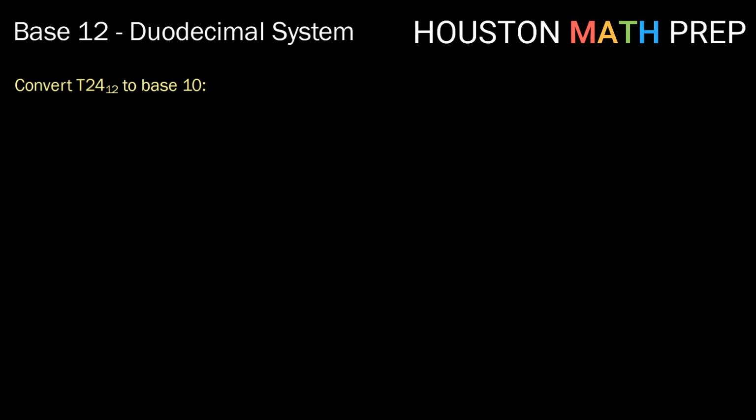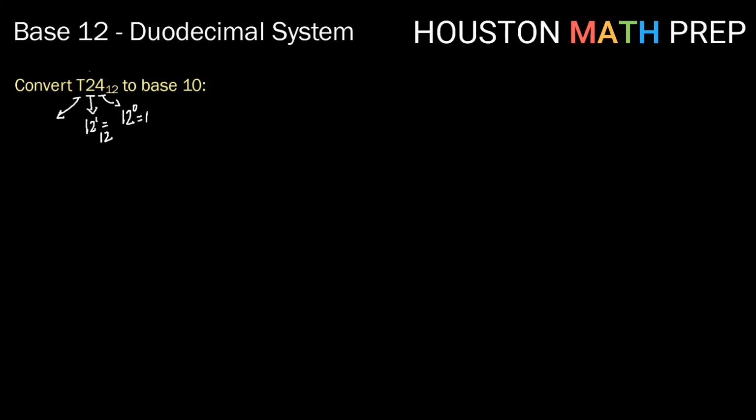So if we want to convert the number T24 base 12 to base 10, again, we need to think about what each of these place values hold. Well, this one holds powers of 12 to the 0 power, or 1. The next over holds powers of 12 to the 1, or 12.